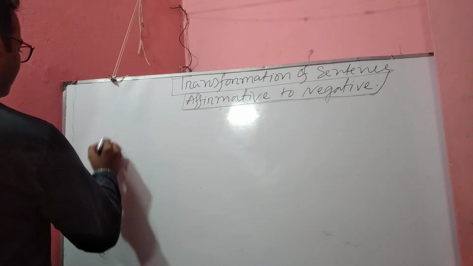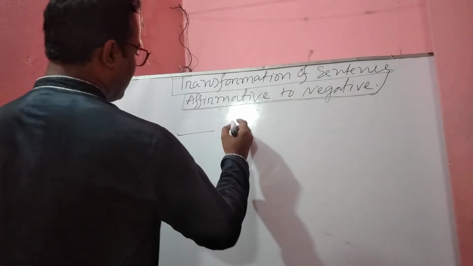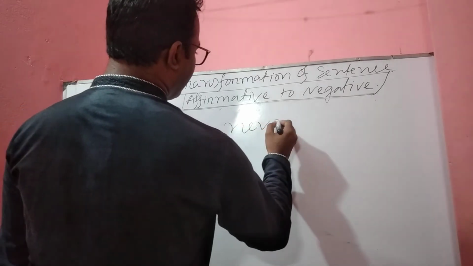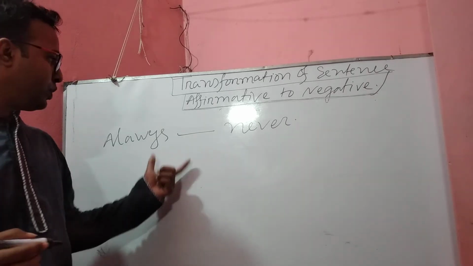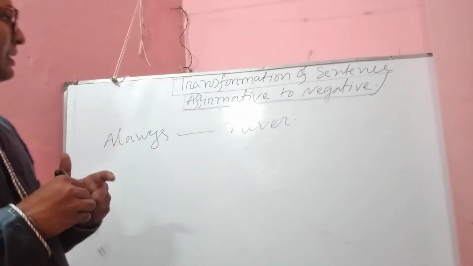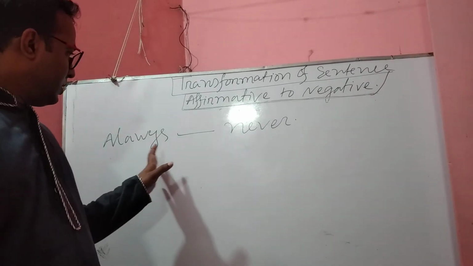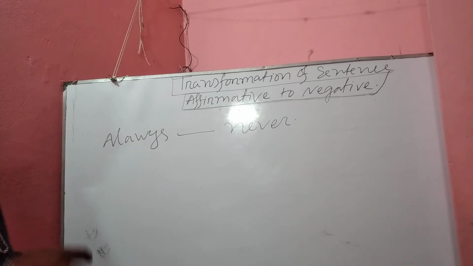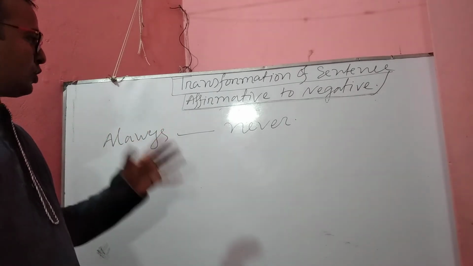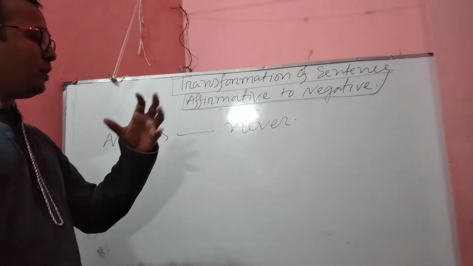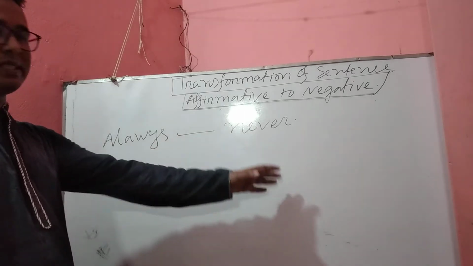Now, always, never. So, if you find always in a sentence, then you have to use never if you want to change the sentence into negative form. And in this sentence, you have another task: you have to choose the opposite word, and the opposite word must be according to the demand of the sentence.